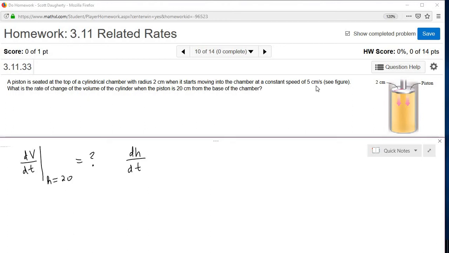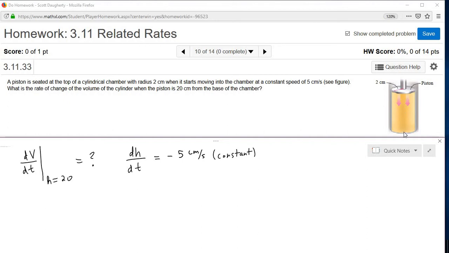One thing you should take note of is the height is decreasing over time, so it's losing 5 centimeters every second. So this should be a negative rate of change. And take note, this rate of change is constant.